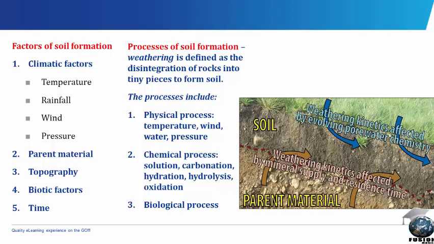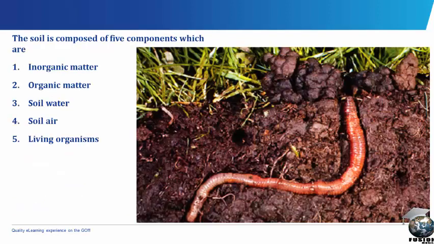Earthworms and termites burrow into the rocks and break off fragments of rocks. The roots of growing plants penetrate rocks through crevices, exerting pressures which split some rocks. The activities of man during farm operations, such as plowing and harrowing, also break down rocks into tiny pieces.